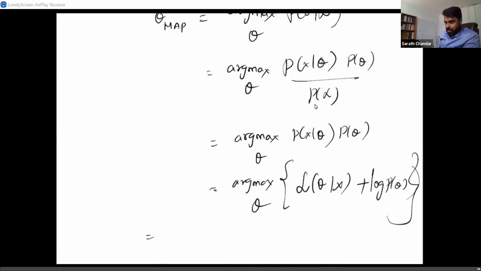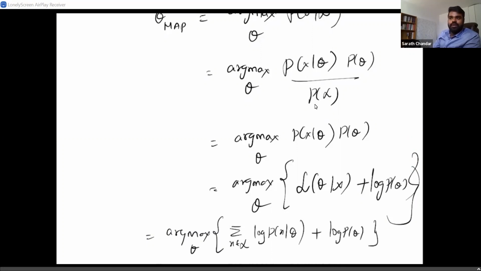So this becomes argmax of theta: the first term is summation over x belonging to X, log probability of x given theta, plus the second term is just log P of theta. Now what is the difference between maximum likelihood estimation and MAP estimation? The only difference you see here is this extra term, which is log probability of theta.